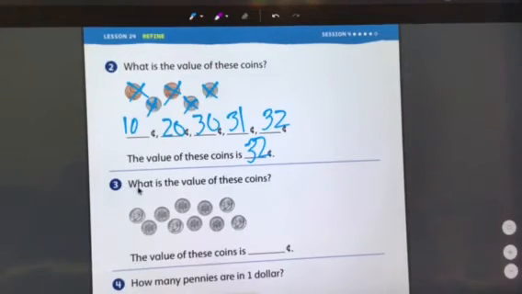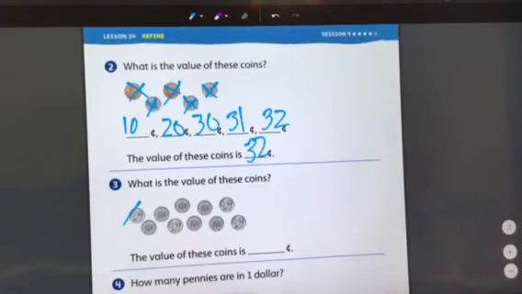Number 3, what is the value of these coins? These coins are all the same. These coins are all dimes. And a dime is worth 10 cents. So yes, you're going to count by tens. Make sure you cross and count because they're not in a straight row and that can be a little bit confusing.